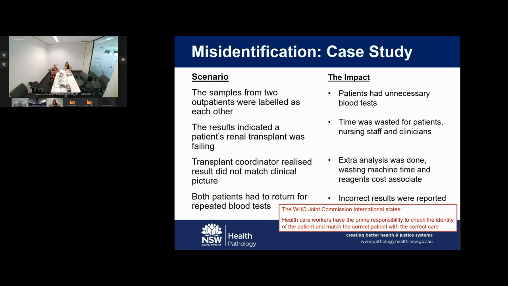And I think it's really important that the World Health Organization Joint International Commission does state that if you're collecting blood or performing a procedure on a patient, you are responsible for the correct match of the patient with that request.